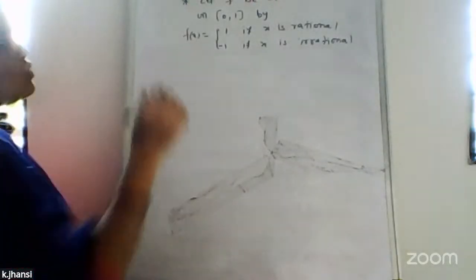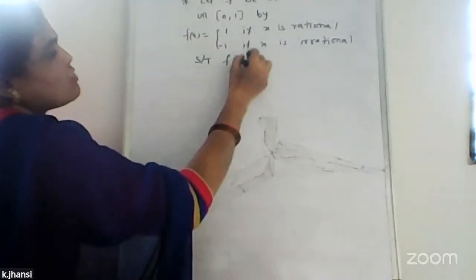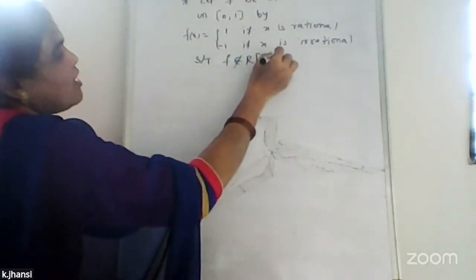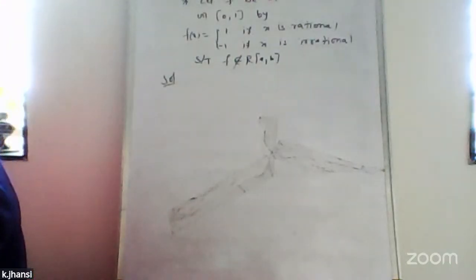Show that f does not belong to R of the closed interval a comma b. That means we have to show that it is not Riemann integrable.